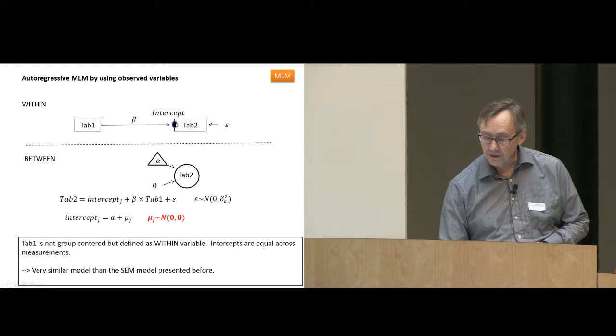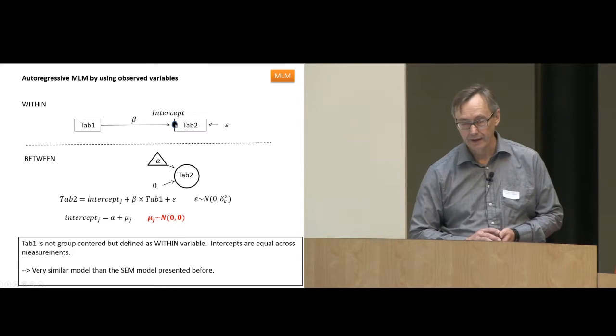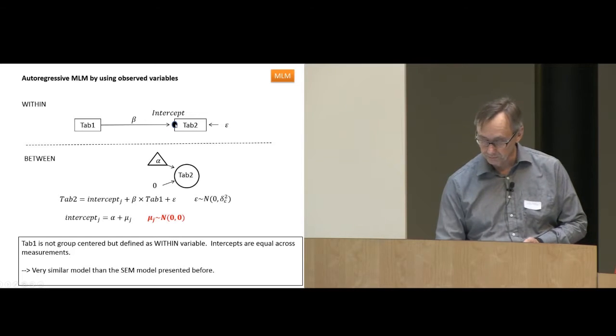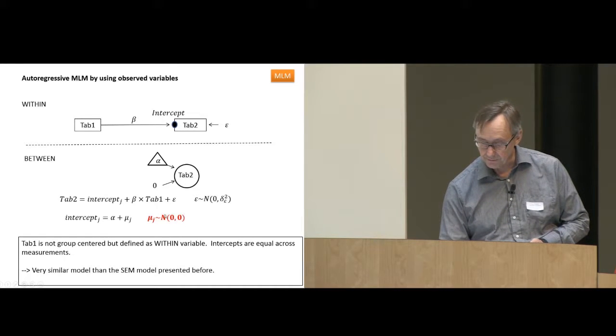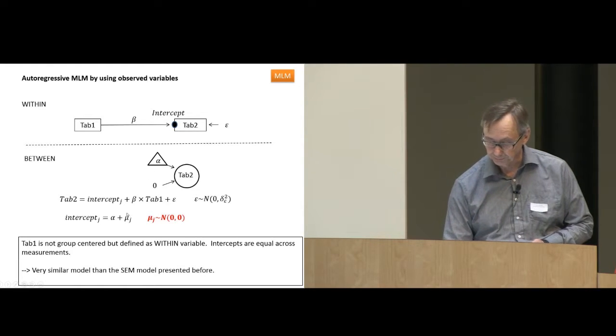And there is a black-colored filled circle, which means that the intercepts can vary randomly. But in this model, I have fixed the variance to 0. So the intercepts have only an average value. This random part shown in the equation is fixed to 0.